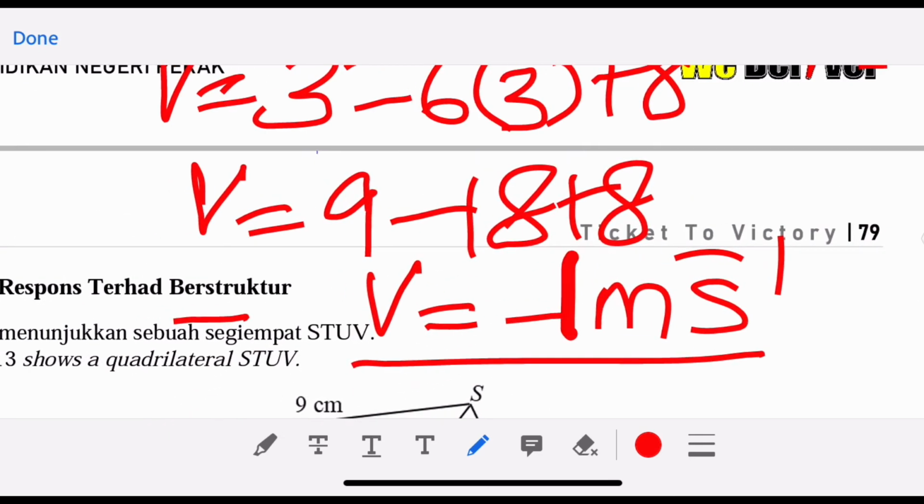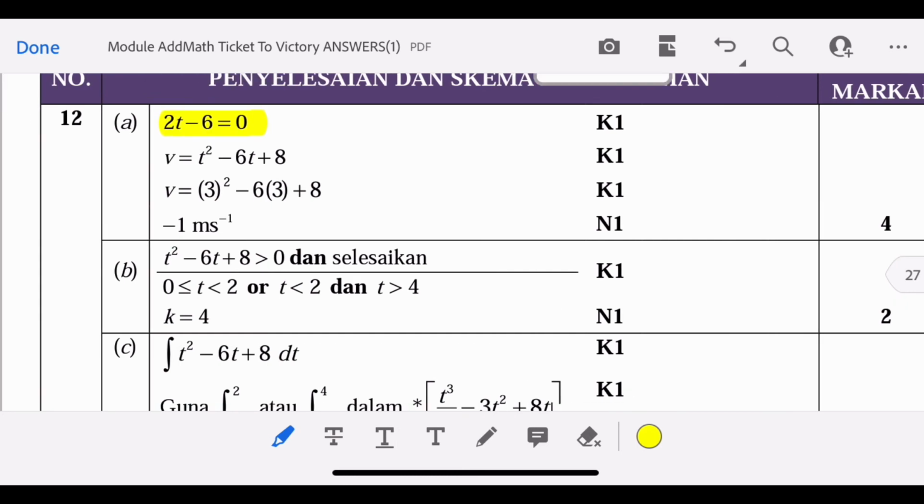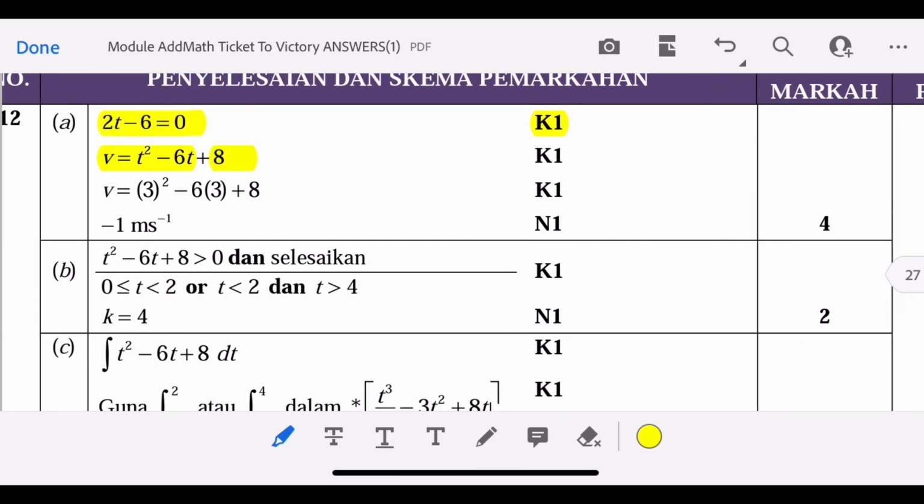So the answer for number 12: 2t minus 6 equal to 0, integrate the velocity, and find c. c is 8, right? Then for the minimum, let a equal to 0, t is 3.